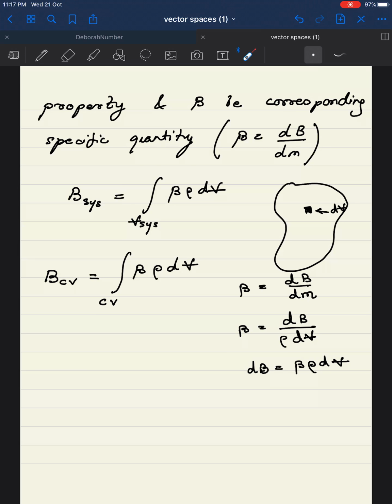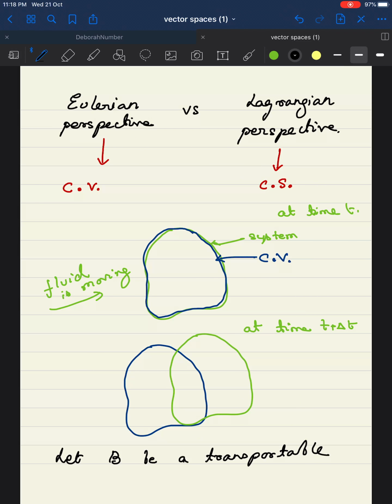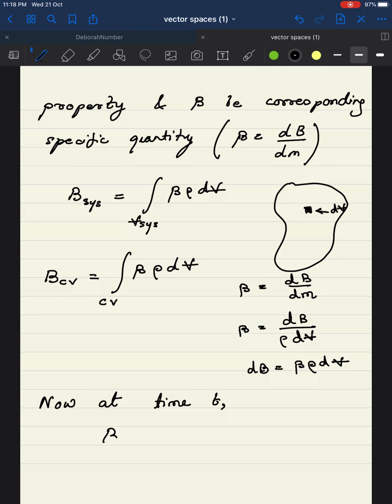Now at time t, the two are coincident. That's what we have drawn. The system and the control volume have coincided with each other. So I can write my B system at time t is equal to my B CV at time t. These are obviously functions of time.